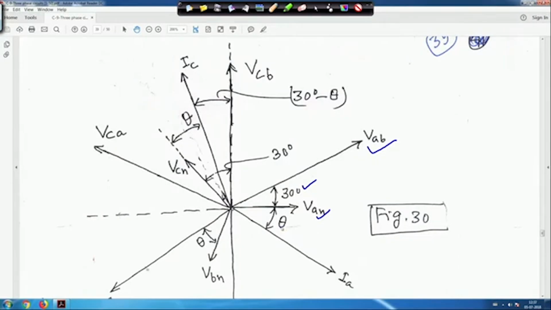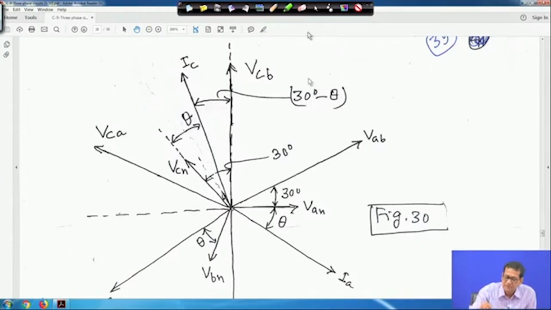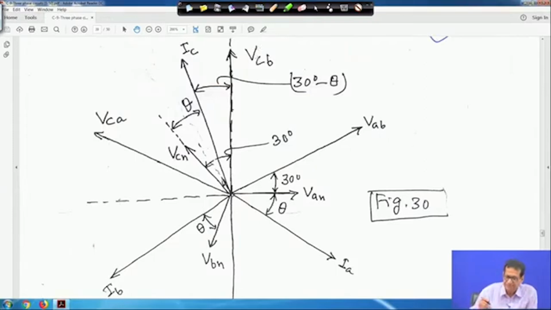Similarly, this is your IB. IB also lags from VBN by theta, and IC also lags from VCN by an angle theta, right.